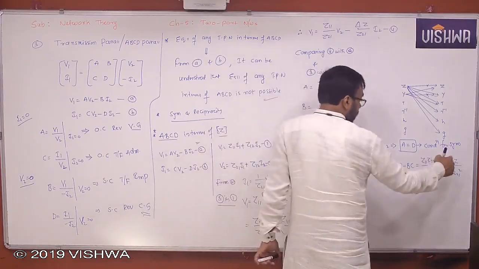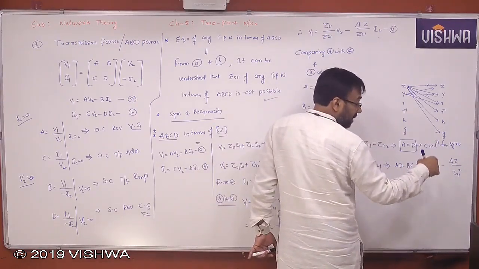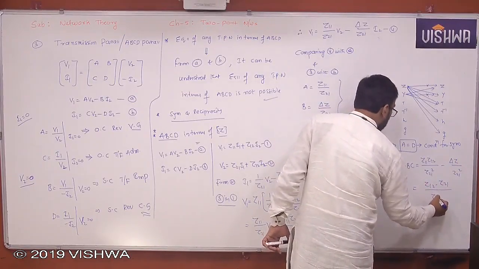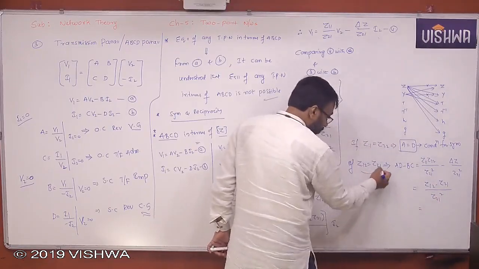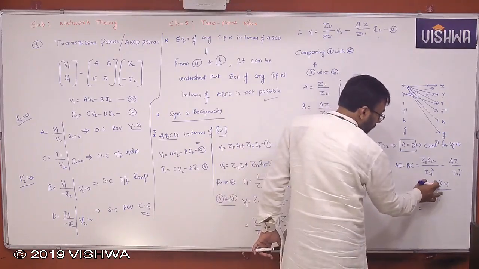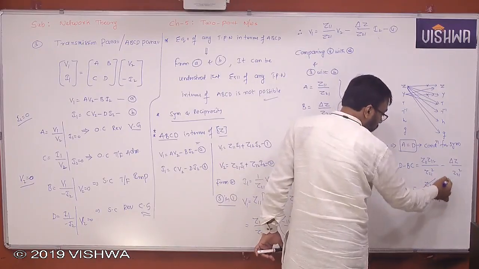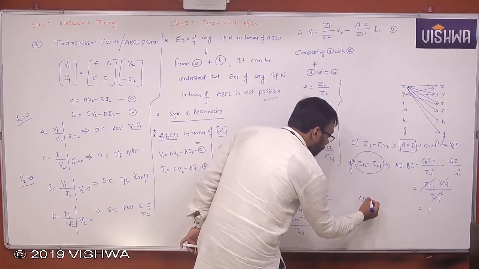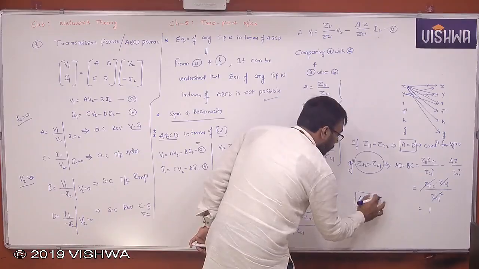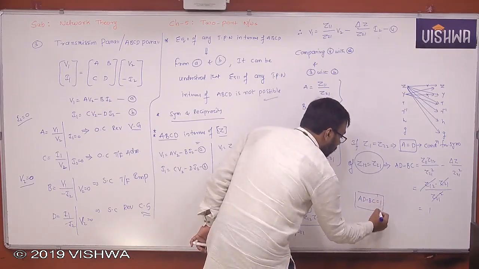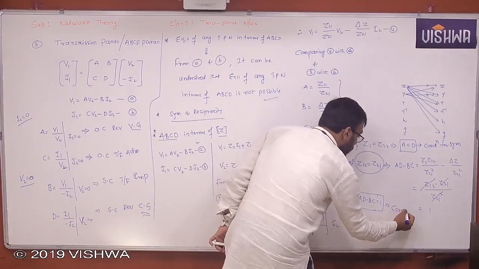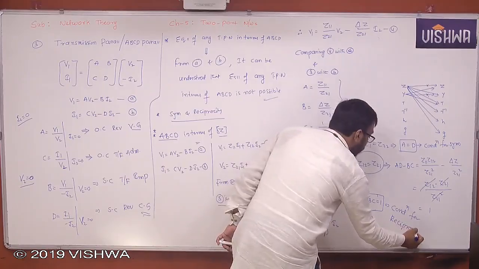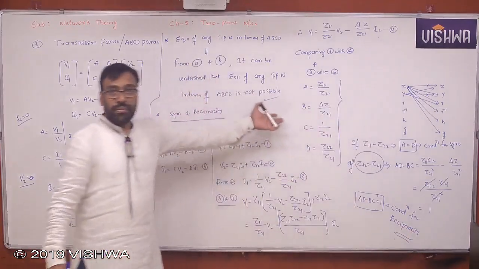If I substitute there, Z11 Z22 gets cancelled and minus of minus plus will be there, Z12 into Z21 by Z21 square. But you already applied this condition, Z12 is equal to Z21. Yes or no? So both will get cancelled and it will be 1. So if AD minus BC is equal to 1, then this is called the condition for reciprocity. Please note down.